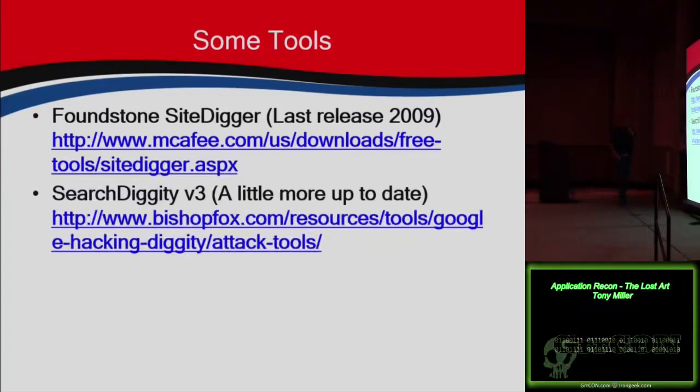A newer one that's out there, it's a little easier. Bishop Fox, I don't know if they bought it or how they ended up with it, but ultimately Search Diggity. This one's really cool because it does a lot of stuff with throttling so that you can avoid detection by Google or other things out there that might be watching you, maybe your own internal proxies. So if you want to limit the noise, it's really cool. It's got a lot of really cool features.